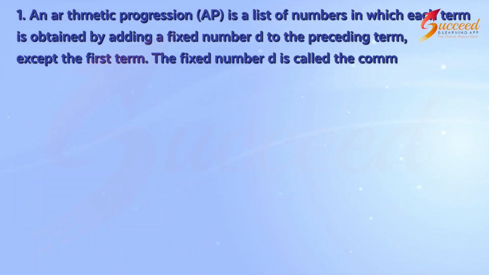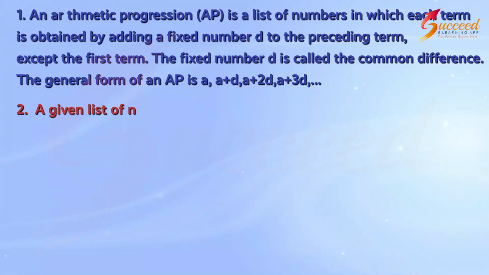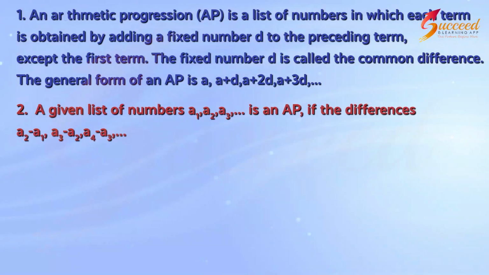The general form of an AP is given as a, a plus d, a plus 2d and so on. Second point, a given list of numbers, say a1, a2, a3 and so on, is considered to be an AP when the difference between succeeding numbers is constant. That is, a2 minus a1 equal to d, a3 minus a2 equal to d and so on.